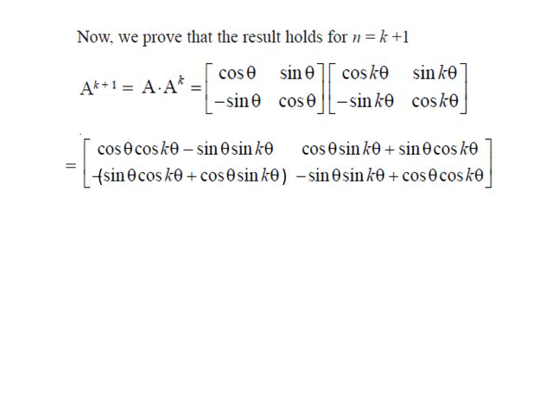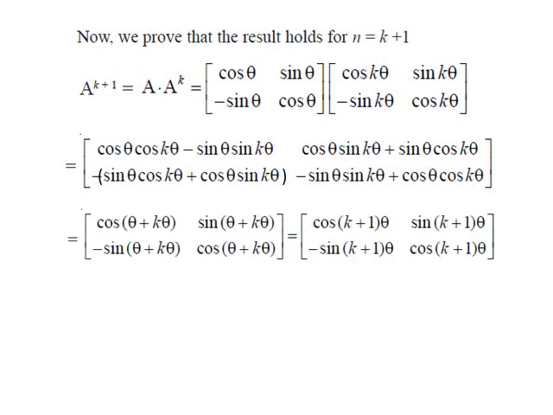Now, following the rule of matrix multiplication, take the product of these two matrices as shown here. In the next step, using the formulas of cos of A plus B and sin of A plus B, we get a matrix with elements cos of theta plus k theta, sin of theta plus k theta, minus sin of theta plus k theta and cos of theta plus k theta, which is equal to the required matrix.